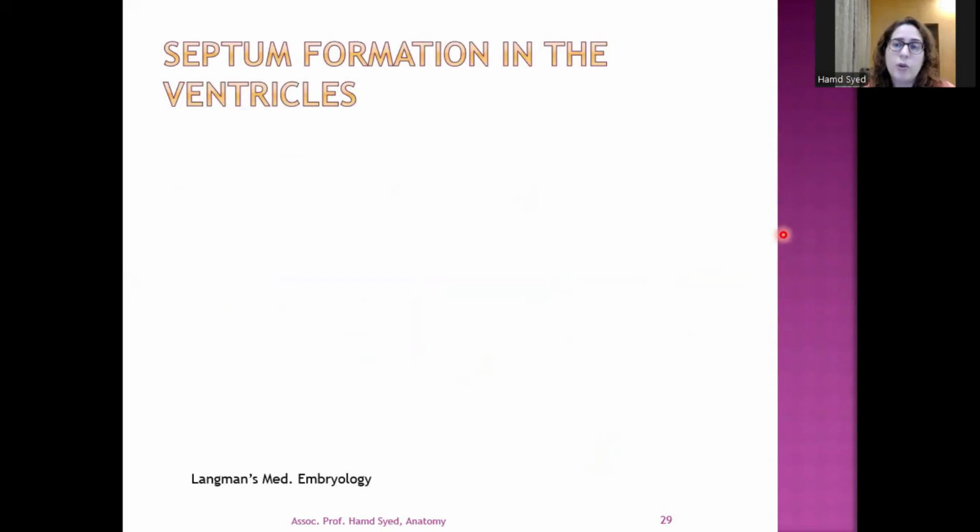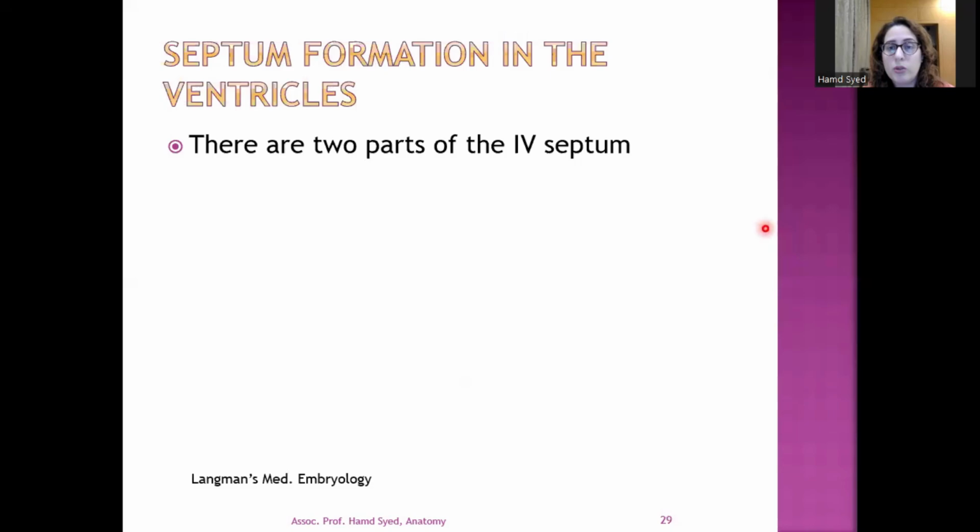Coming now to septum formation in the ventricles. We know the ventricles are the largest chambers of the heart, and remember, the interventricular septum is going to divide the common ventricle, the primordial ventricle. The right ventricle appears from the bulbus cordis and the left ventricle appears from the primordial or primitive ventricle.